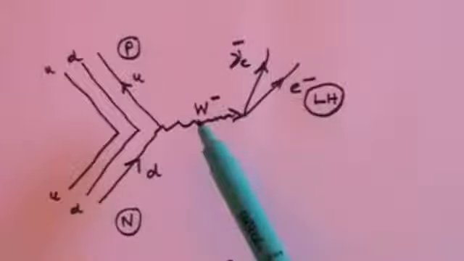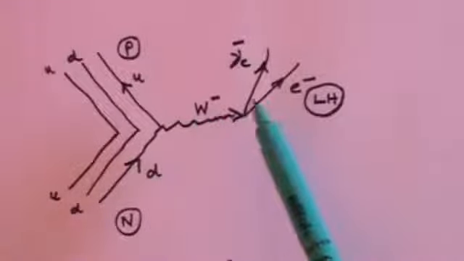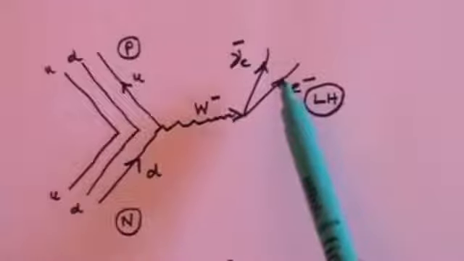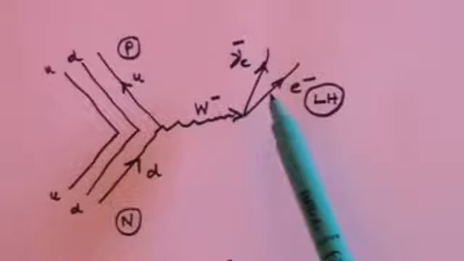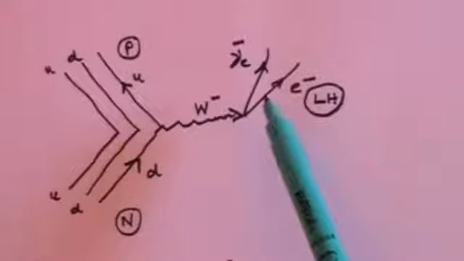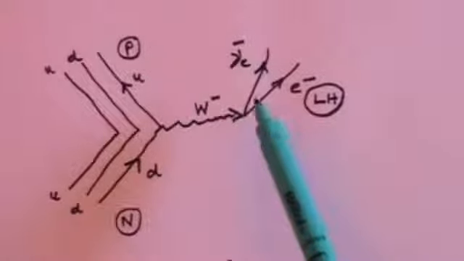Similarly, when the W- decays, for charge conservation purposes, it must bestow its charge onto one of these particles. Of course, it bestows its charge onto the electron. But what you could consider, this is a way of looking at it, is that for the purposes of the weak nuclear force, not for the purposes of just general electromagnetism, of course, because right-handed and left-handed electrons are both charged.